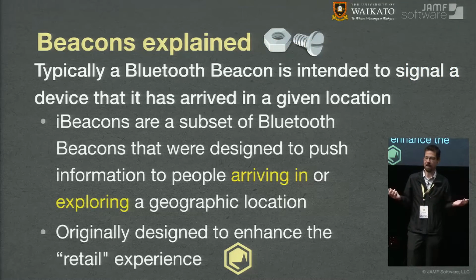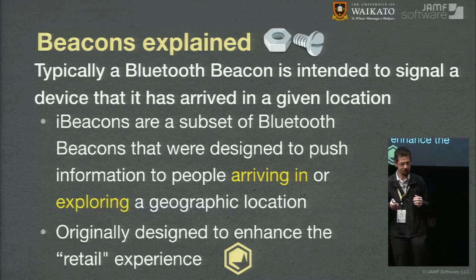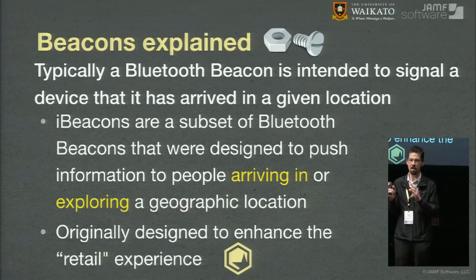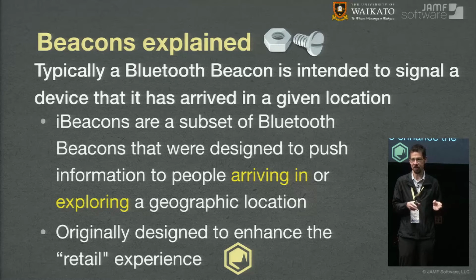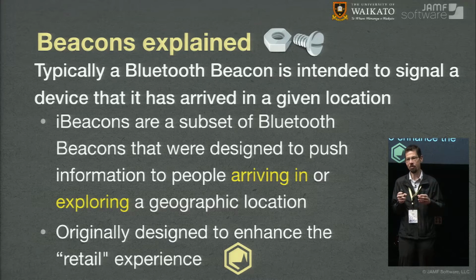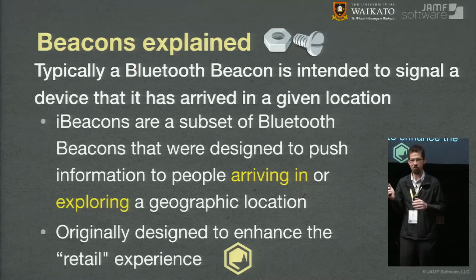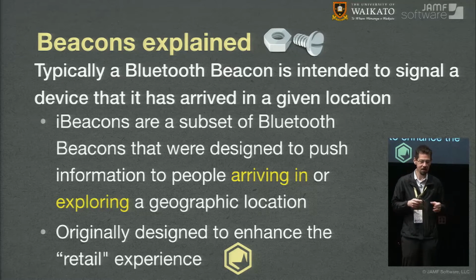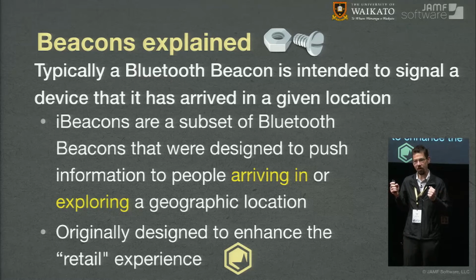So a Bluetooth beacon is a device that is supposed to tell something else where you are, essentially. So that was the initial conceit of them, was that they would be used to tell a device you have arrived in a particular location, and we are going to try and push some information to you. It was originally designed for going into a store.